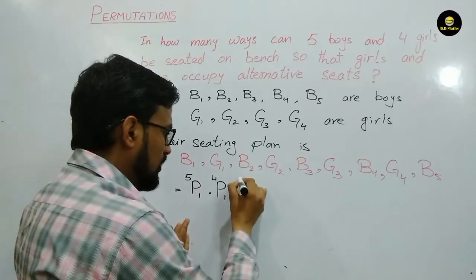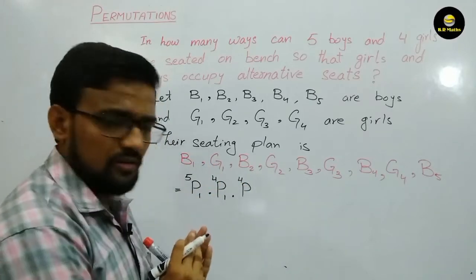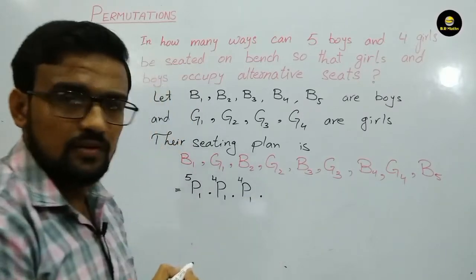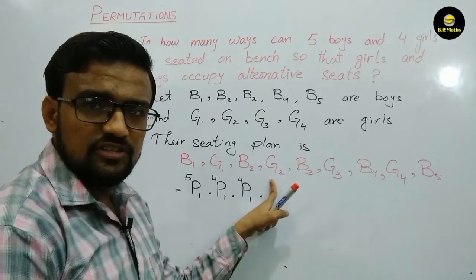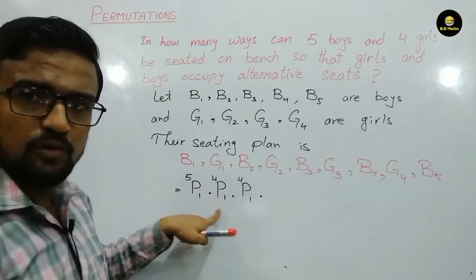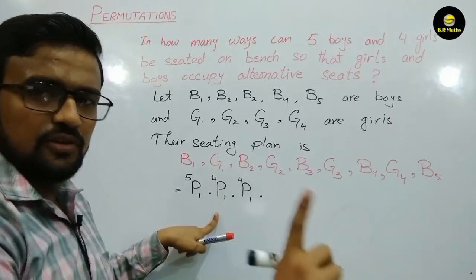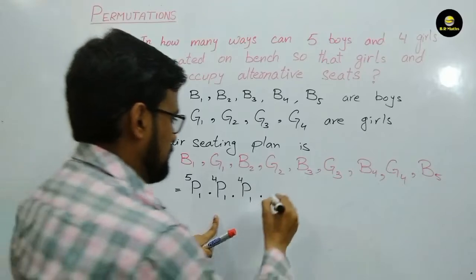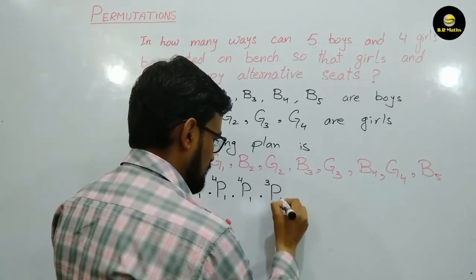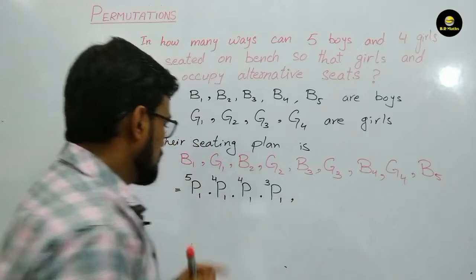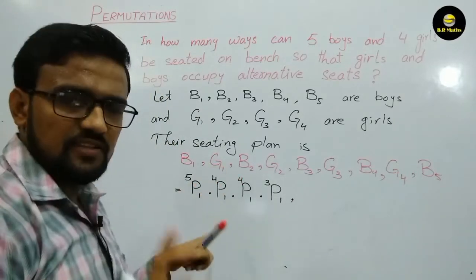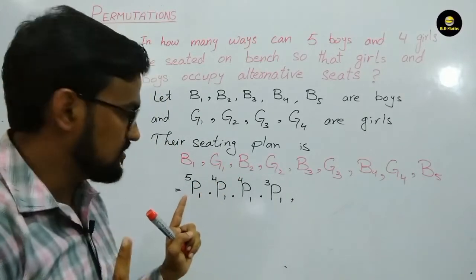So now 4P1, and for the girl, one girl's seat is booked, so the remaining are 3. This one is always 1, because each person has only 1 seat.